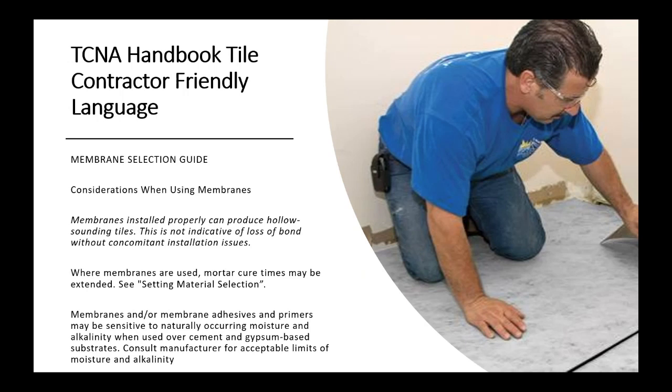In other words, it creates almost a dead air space so that sound that's created in the tile isn't transferred down through the floor. It's very common. Most sound reduction membranes, most peel and stick type membranes, even uncoupling, those are going to sound hollow compared to one that's bonded directly to the tile, to the substrate. That does not mean it's an installation problem.